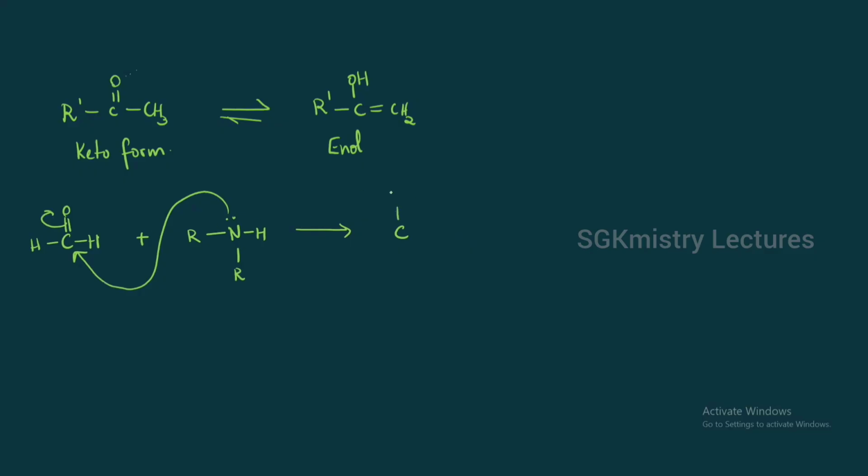Now this can become OH. Here there is H and H, and nitrogen is attached to it with R and R. There was a plus charge, but now this H can go and attach with this O minus, so I can neutralize it. I'm not going to show two steps, so directly I've written N with two R groups attached, and instead of writing O minus, I've written it directly as OH. I hope it is clear.